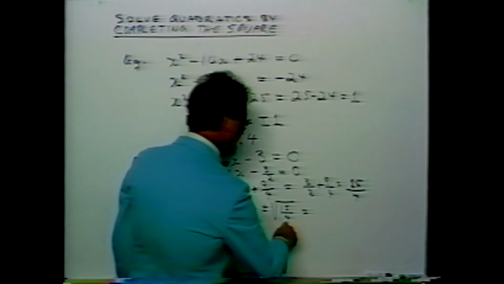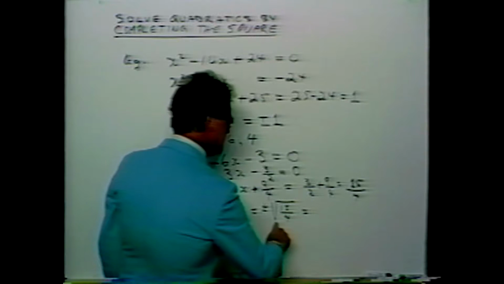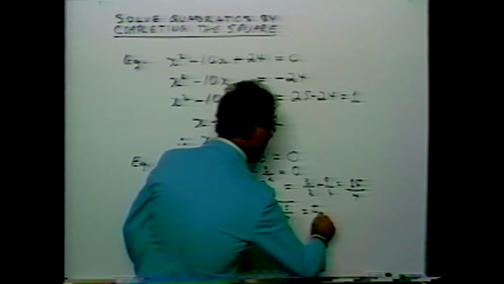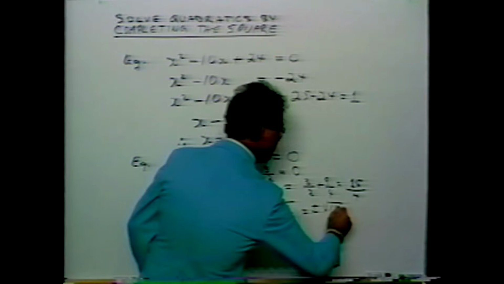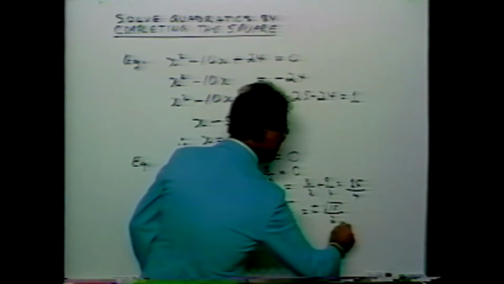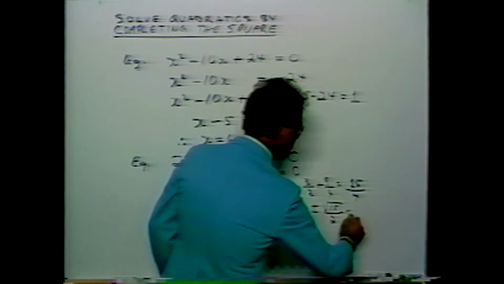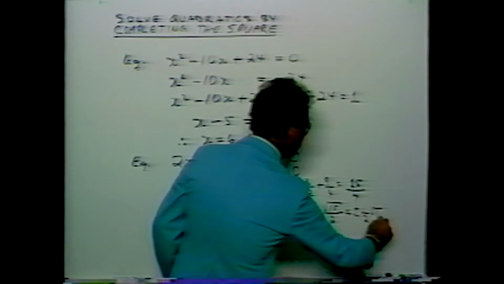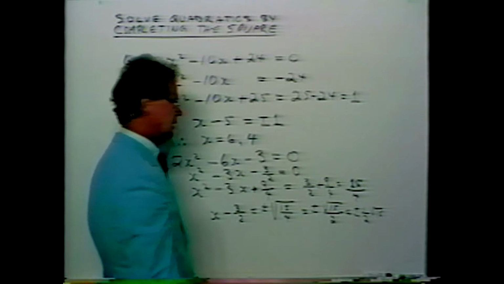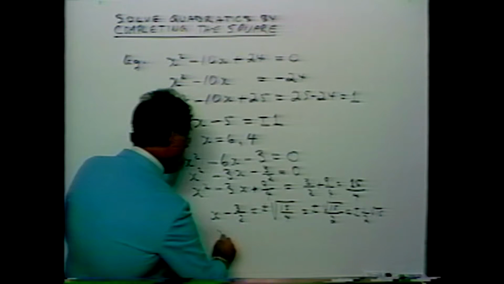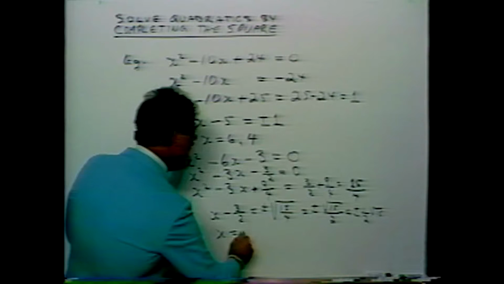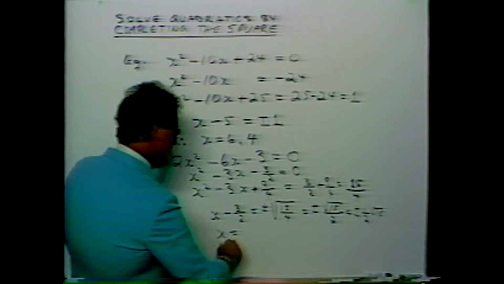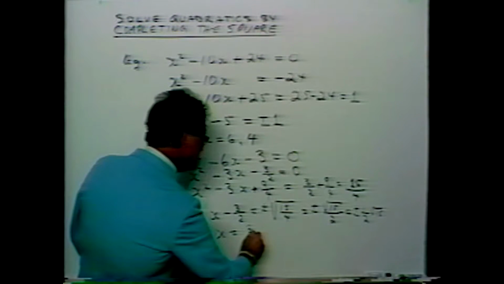Simplifying the right-hand side, since the square root of 4 can be taken, we can write this as a mixed radical, plus or minus the square root of 15 over 2, or if you like, plus or minus 1/2 the square root of 15. Either way is acceptable.